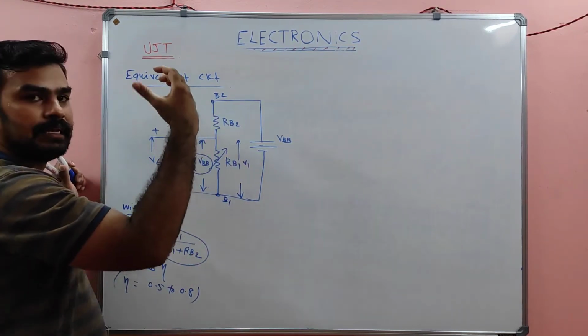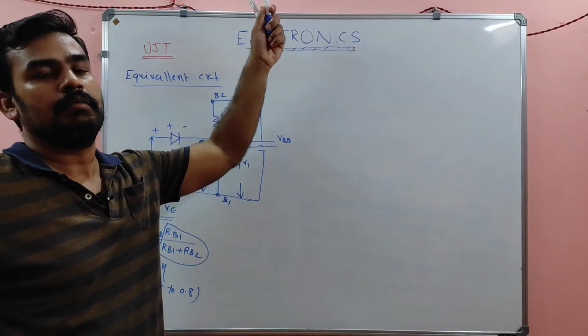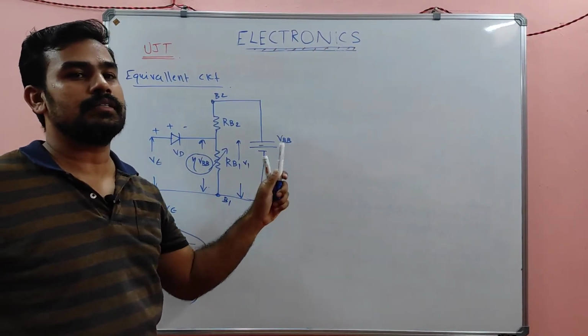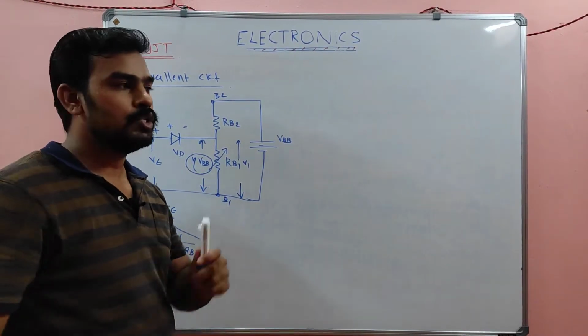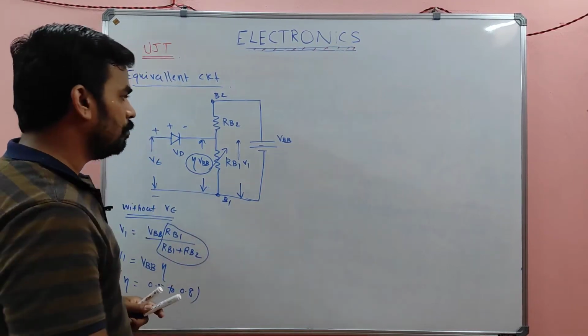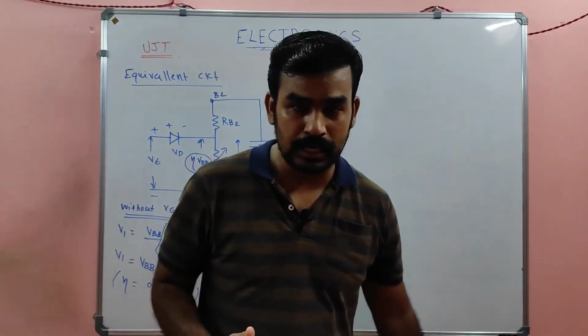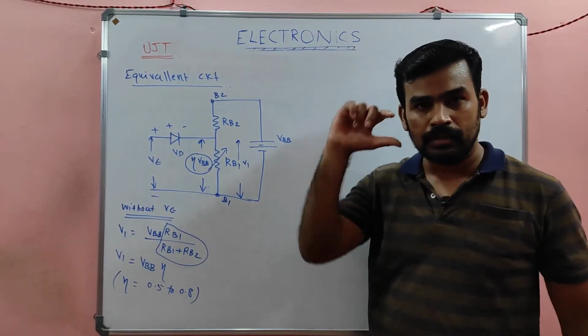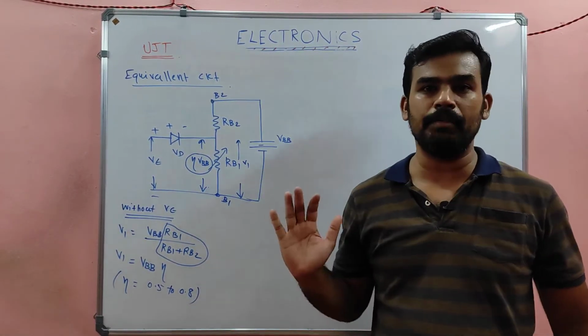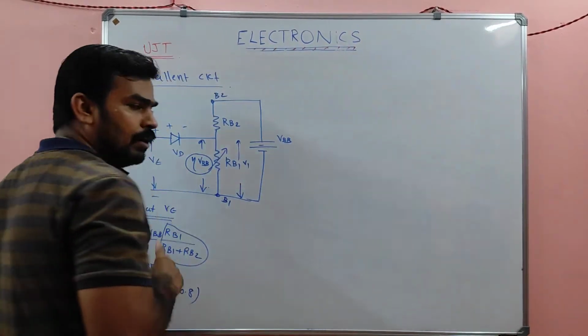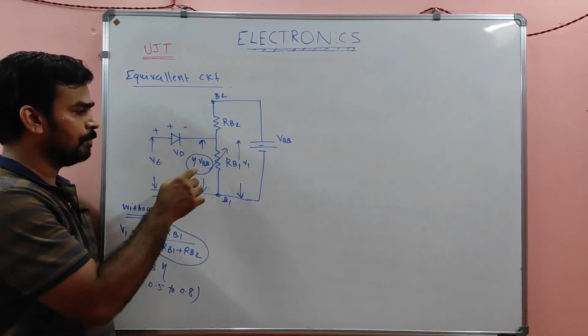RB2 is the resistance between the top B2 and the P region, so the length is very short there and the resistance is very small, but more resistance will be offered by the lower region, between the emitter region and B1. That's why RB1.